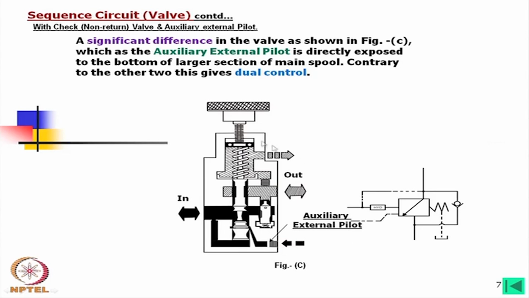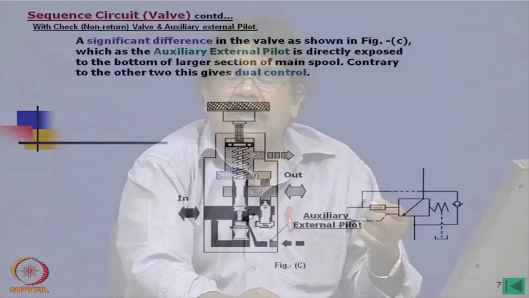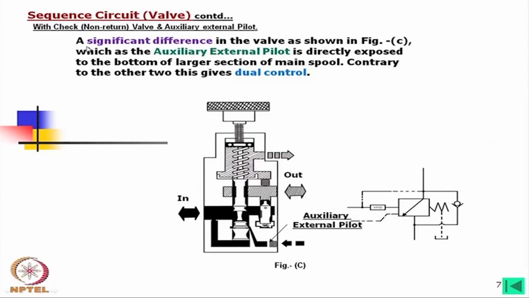This means that we can change the sequence norms. That means, whenever we need, we can externally operate that, and we can also operate the cylinder B not in sequence, but according to our desire.